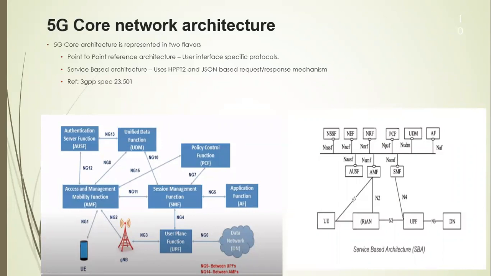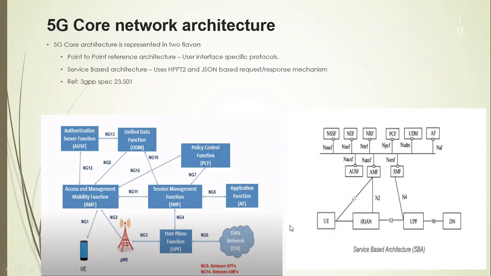If you observe this architecture, the air interface and the interface between RAN and the core network still stick to the same interface based architecture. So hence we use the same set of protocols.